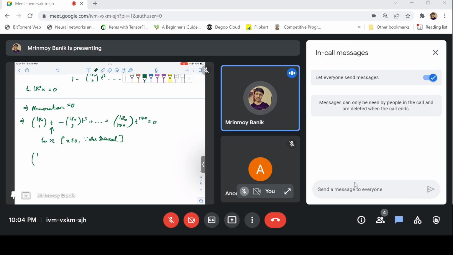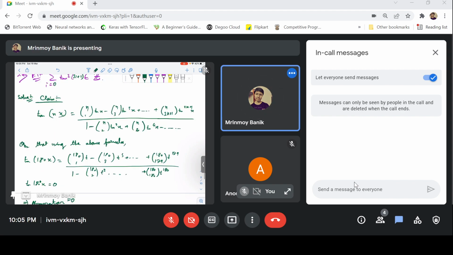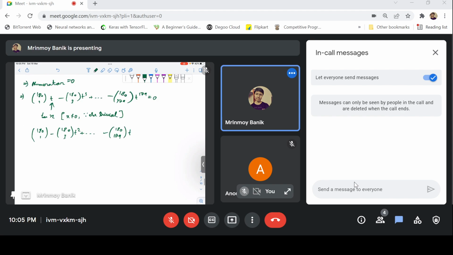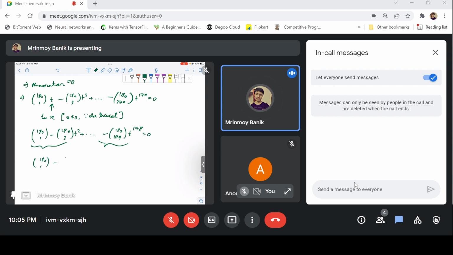So now we can divide both sides by tan x or t to get 179, it's minus actually, sorry. Now we can pair them up in 2.